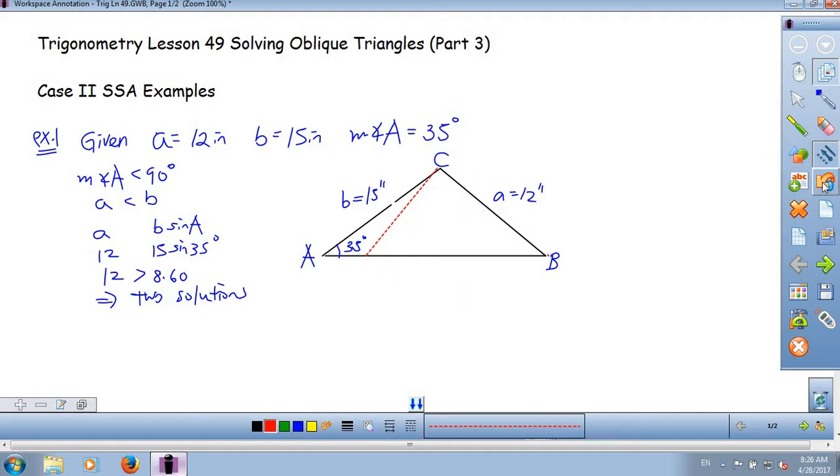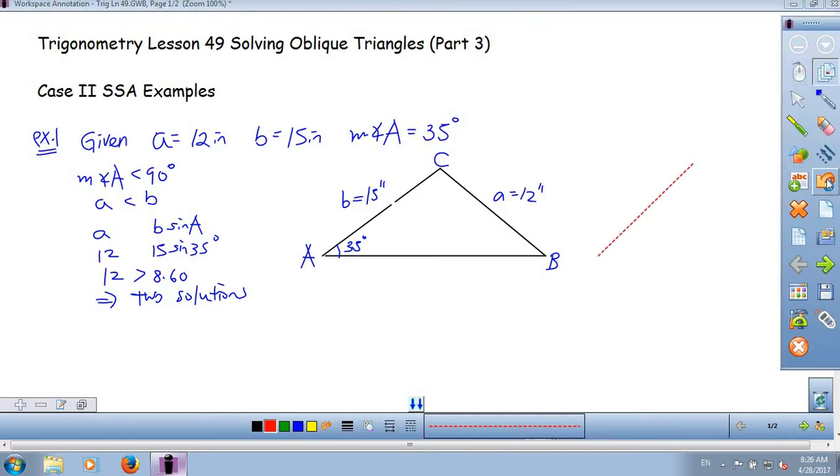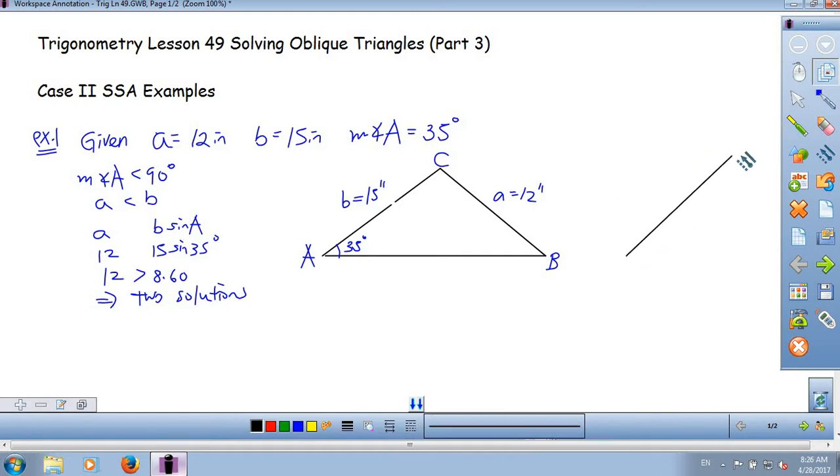Yesterday I drew them in the same triangle, but today let me draw the other triangle separately, so we avoid some confusion. Maybe you'll be able to see it a little better. Side B is still 15 inches, but side A, 12 inches, will come back here.